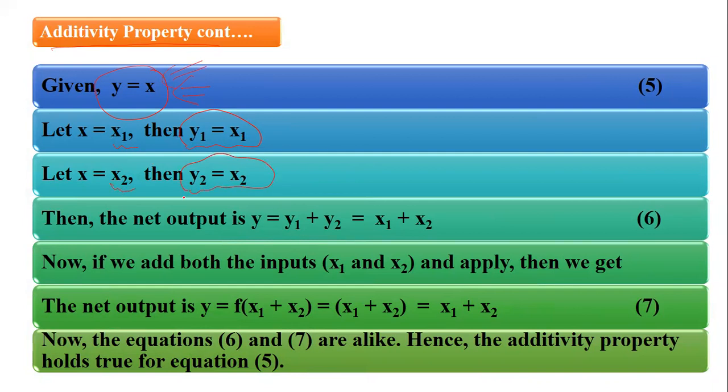Now, if you replace x with x1 plus x2, then y shall be replaced with y1 plus y2. Okay, so that means the net response of a system obtained by applying the sum of the inputs is equal to the sum of the individual effects as obtained by applying an individual input to the system.